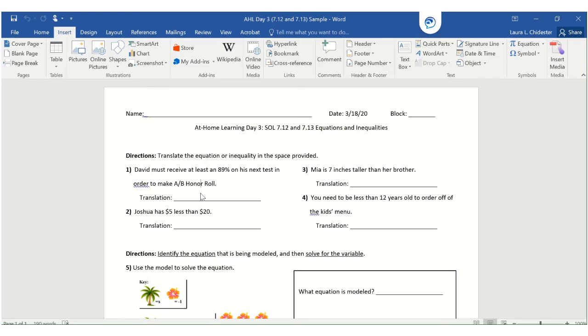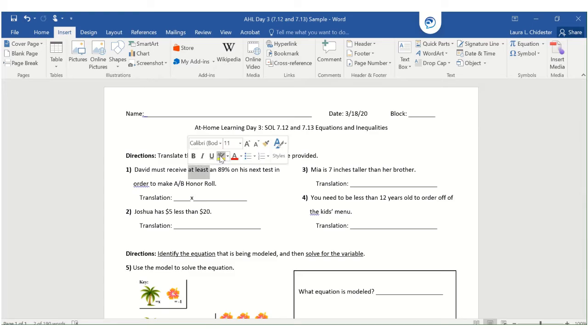So it can be like an A to represent AB honor roll. It can just be an X. You don't really have to overthink that part. So I type in here, I would do X. Then I have to figure out if I'm talking about less than, greater than, equal to, what is it I'm looking at here? And if I want at least, that's what I'm looking at here.